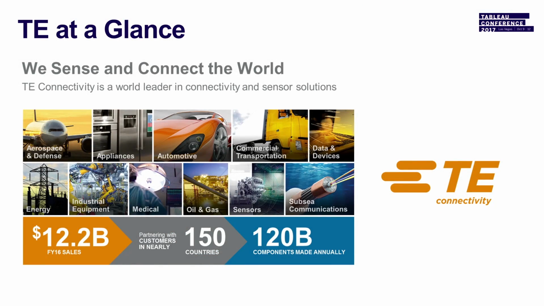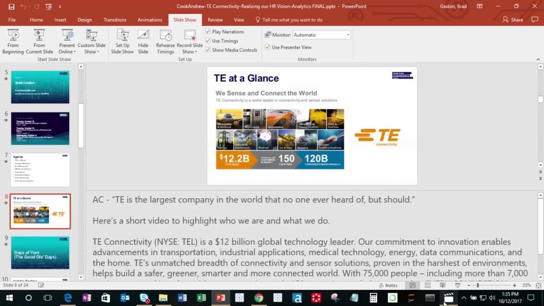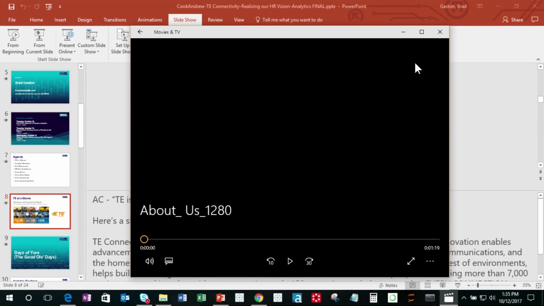We operate in 63 different countries, about $12 billion in revenue, and we make products for things every one of you probably has with you today: phones, cars, appliances. We make things for your oil rigs, if anybody in here is in the oil business. But that's what we do. So we're going to show a 1-minute video on what we do and who we are.